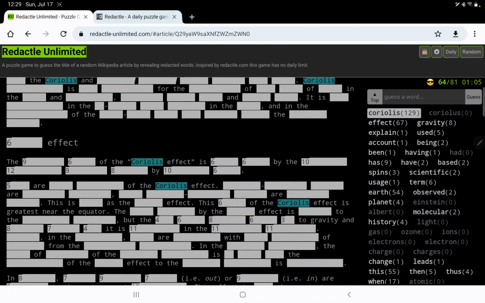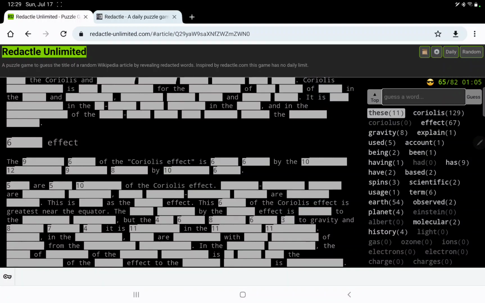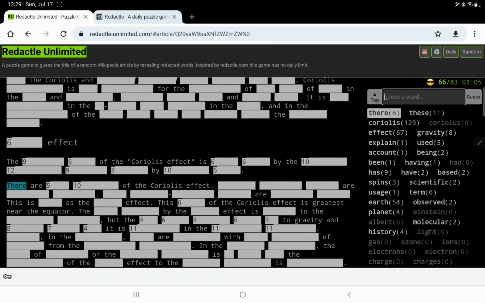Okay. 5 are 5, 10. These, no, there are something of the Coriolis effect.